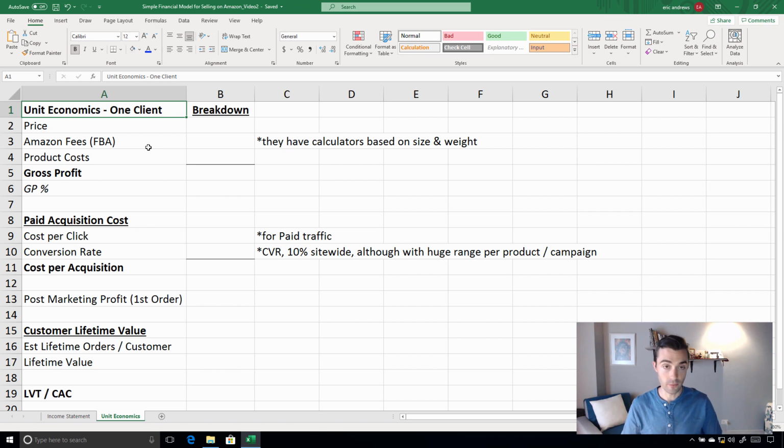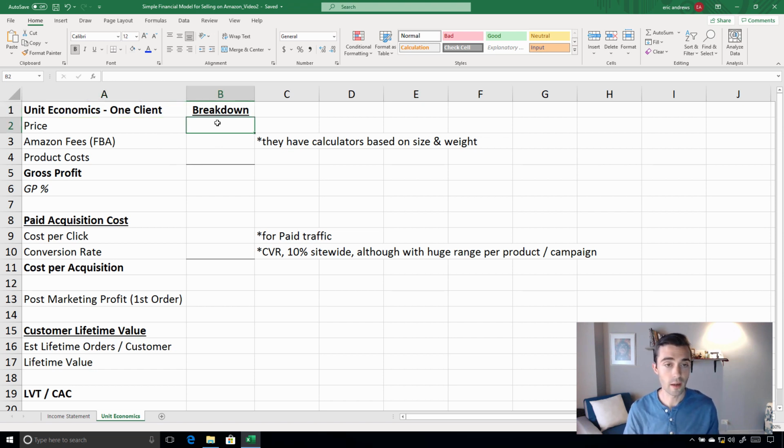Exactly the price for one order, the exact breakdown of the cost for one unit of whatever you're selling, the exact marketing costs, and then we're going to think about the customer lifetime value, which is, for one client, do we believe that they're going to be purchasing multiple times in the future? And if so, how can we break that down so that we can understand our marketing better?